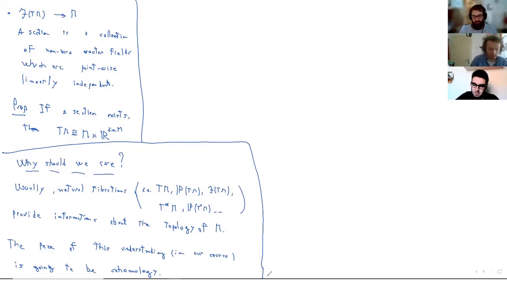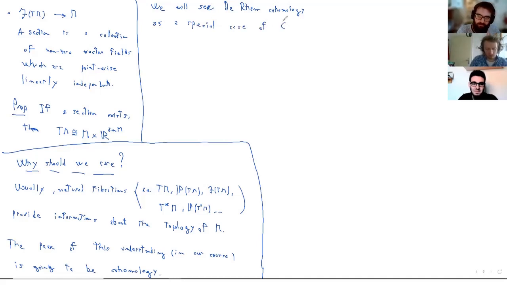And there is a more general way to do this, and the way we will do it is the so-called Čech cohomology. So we will see de Rham cohomology as a special case of Čech cohomology.